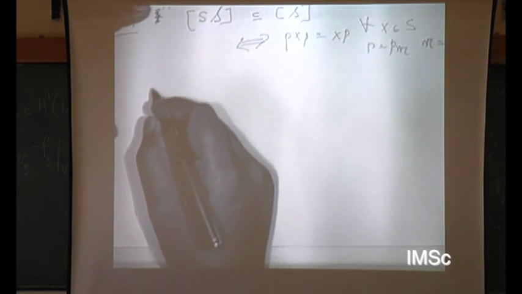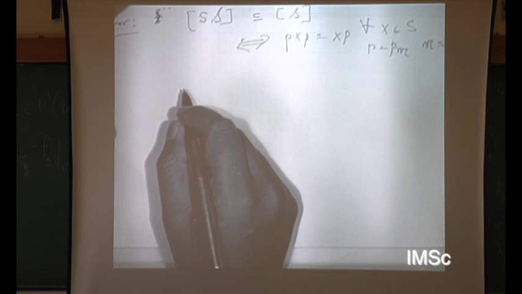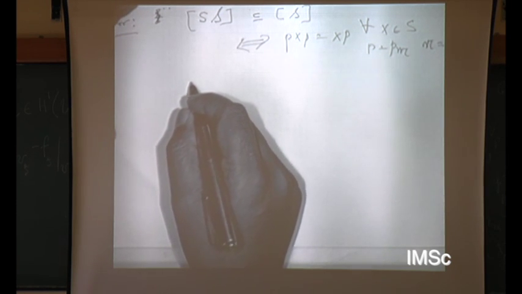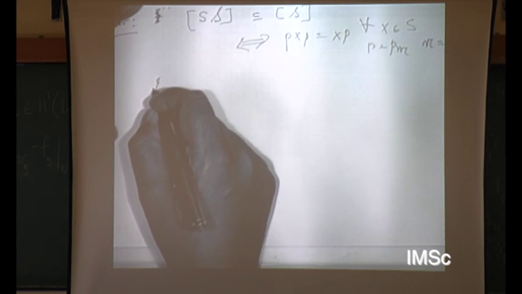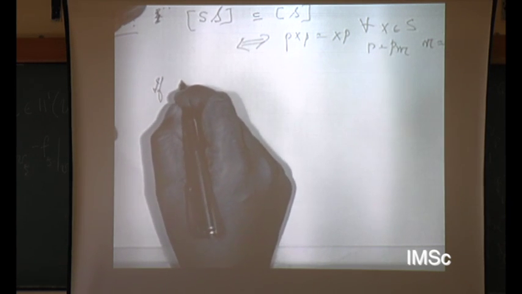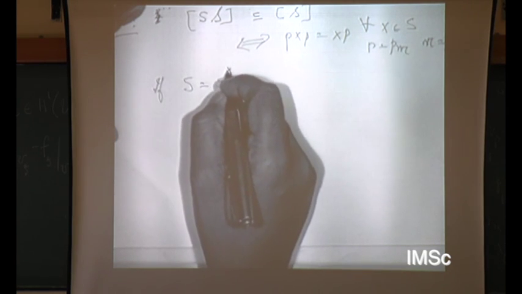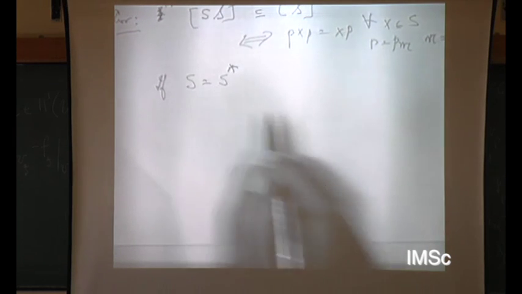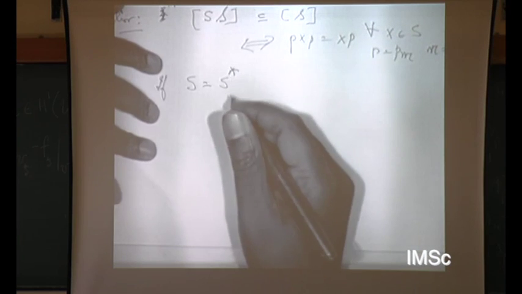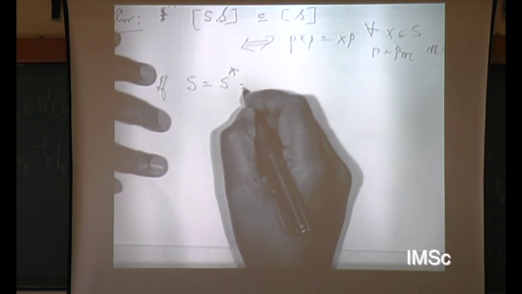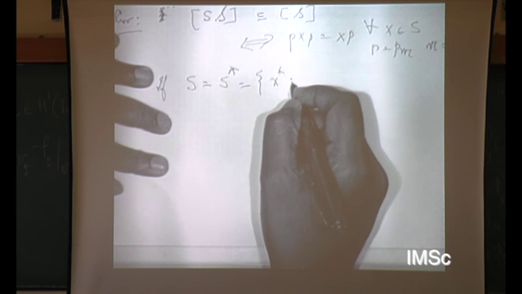Okay, and if S equals S star, this also I should have defined. If I have a collection of operators, what I mean by S star is just the collection of adjoints of the operators to start with.